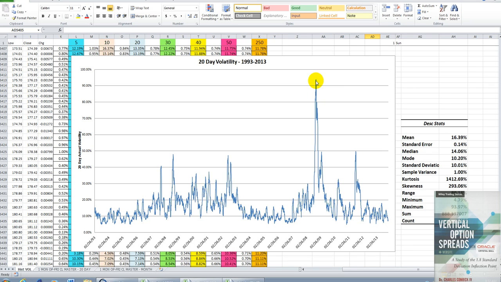When you have a giant crash like we had back in '08, which came to an end in March of '09, you're going to see large volatile spikes. The market went from, I don't remember the exact number, but the Dow was at 13,000, coming all the way down to 6,500 in March of '09. Well, this is that large spike.